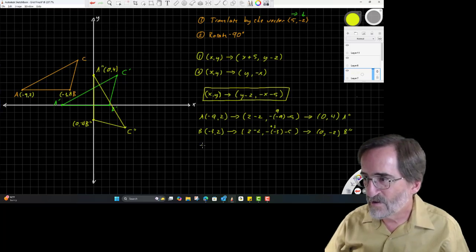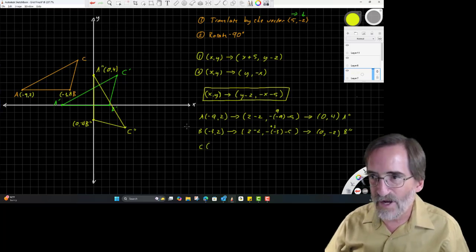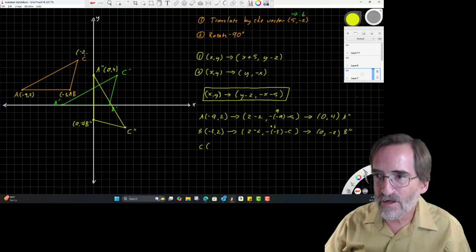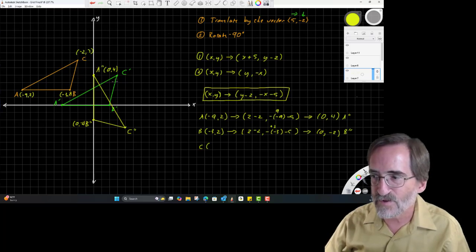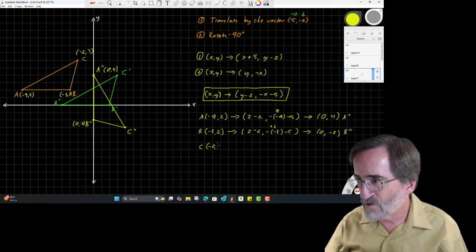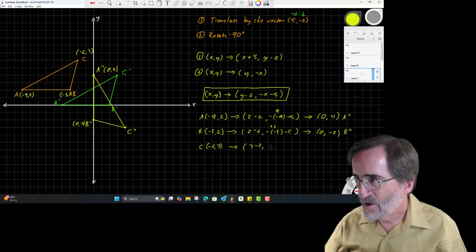And C is at negative 2, 7. Negative 2, 7 becomes y minus 2, so 7 minus 2, comma, negative x minus 5, so negative of negative 2 minus 5.